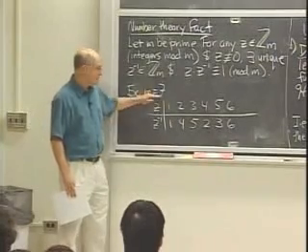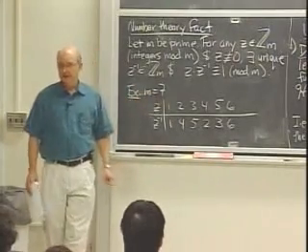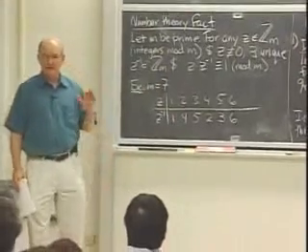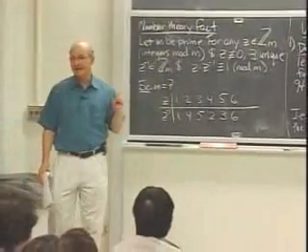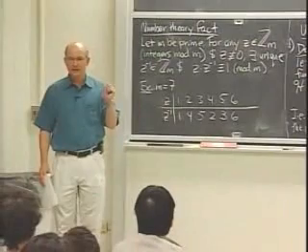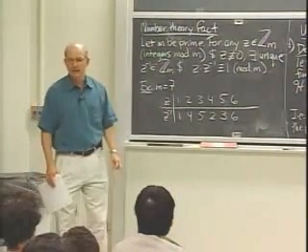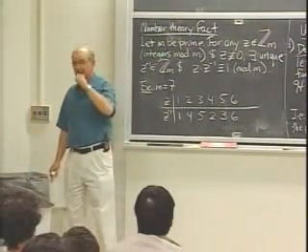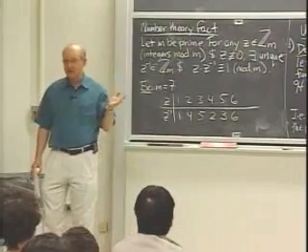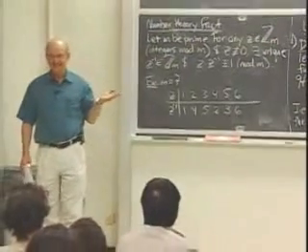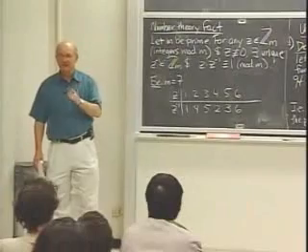But the main thing is, and this turns out not to be true if m is not a prime. So let's imagine we're doing something mod 10. Can somebody think of a number that doesn't have an inverse mod 10? Yeah, 2. Another one is 5.